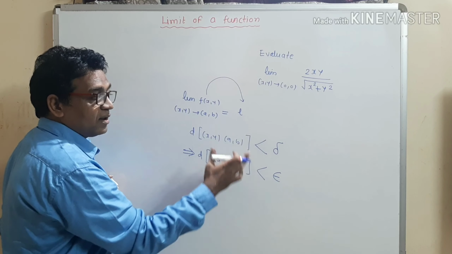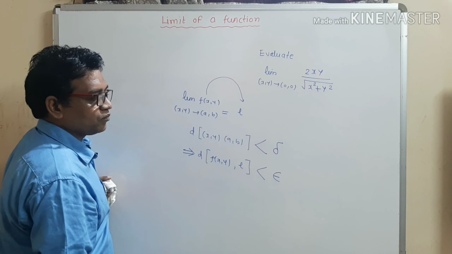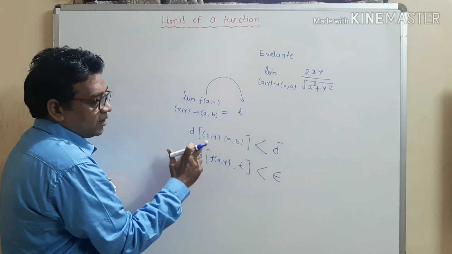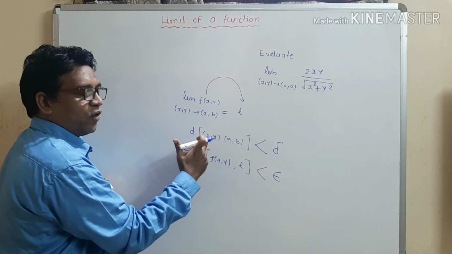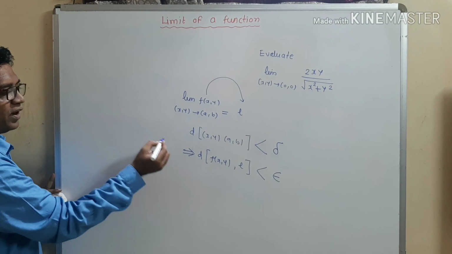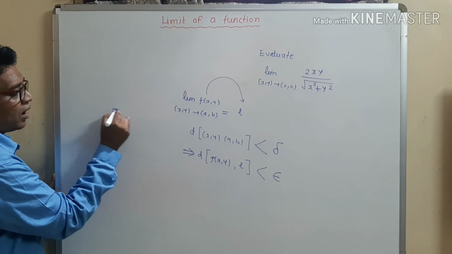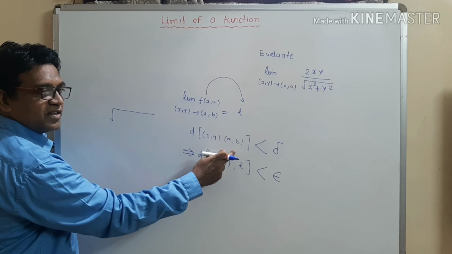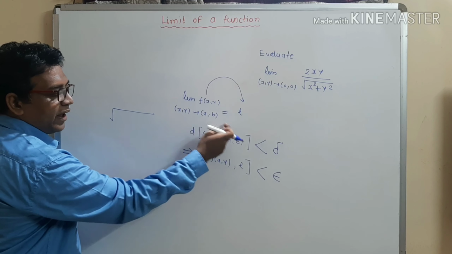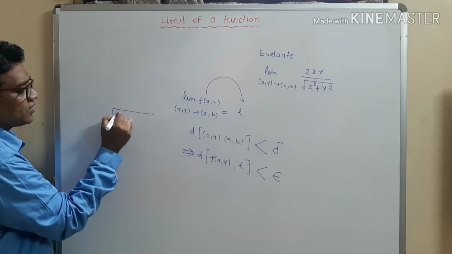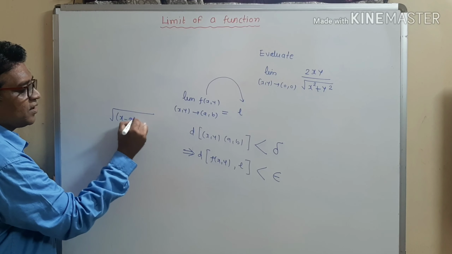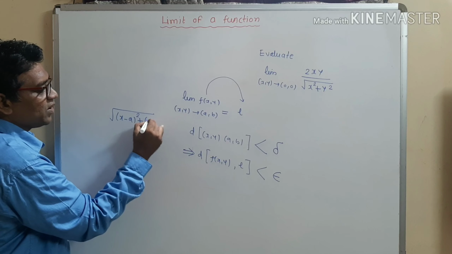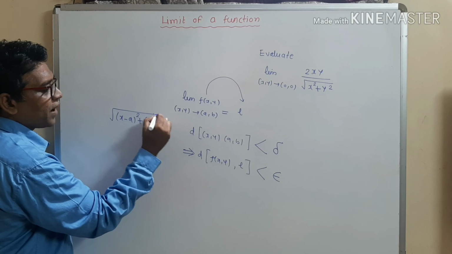We are using the letters epsilon and delta. Now what is the distance between any 2 points? This distance is given by the formula under root (x1 minus x2) bracket square, means (x minus a) bracket square, plus (y1 minus y2) bracket square, means (y minus b) bracket square.